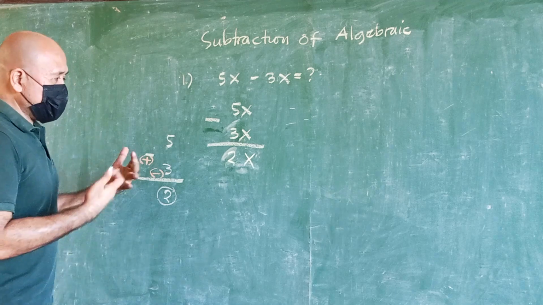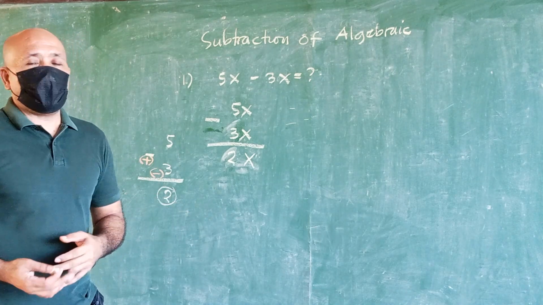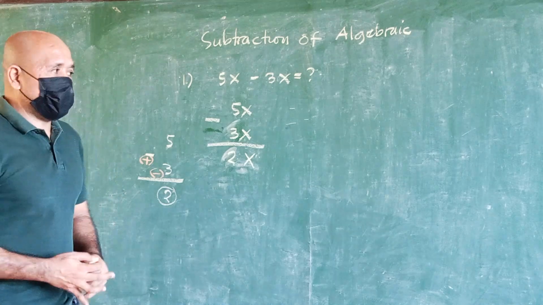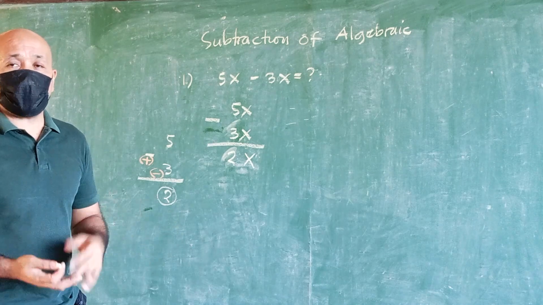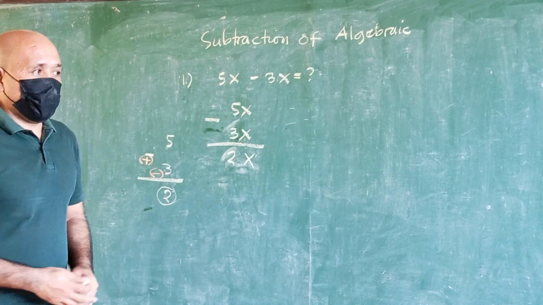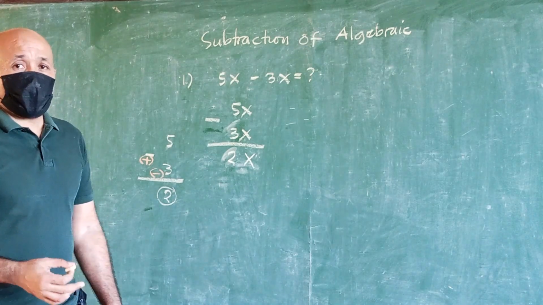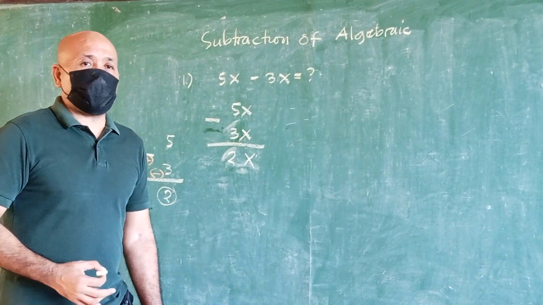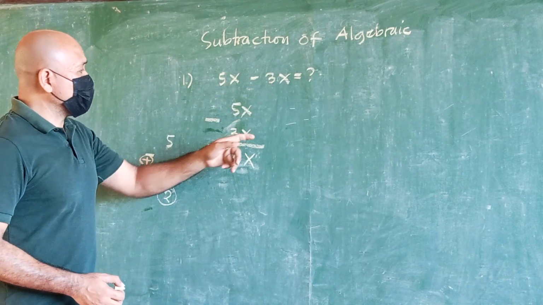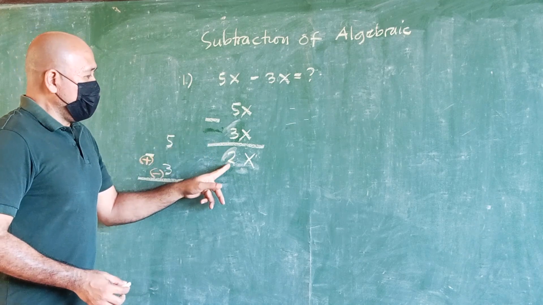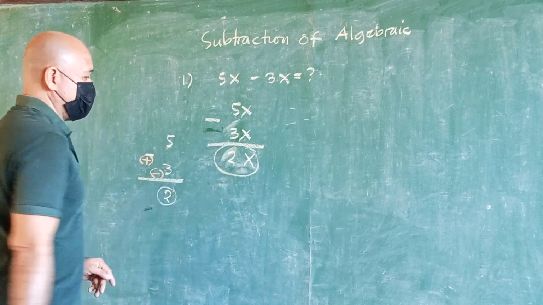So this is now the proof that I was not lying to you when I said you have to master all the operations on integers, because you will use all those rules and that mastery in the operations on algebraic expressions. So 5x minus 3x, the answer is positive 2x. As simple as that.